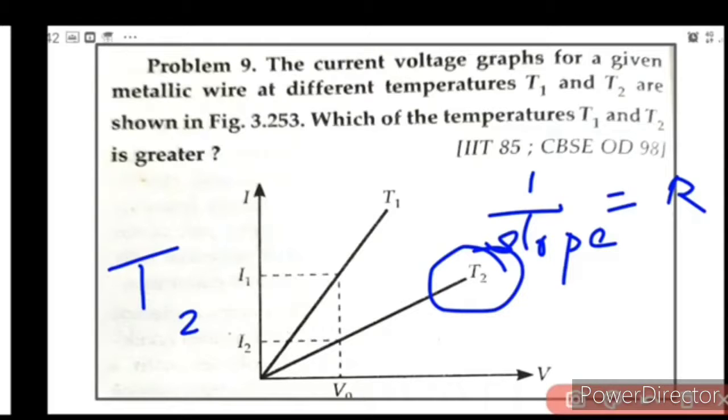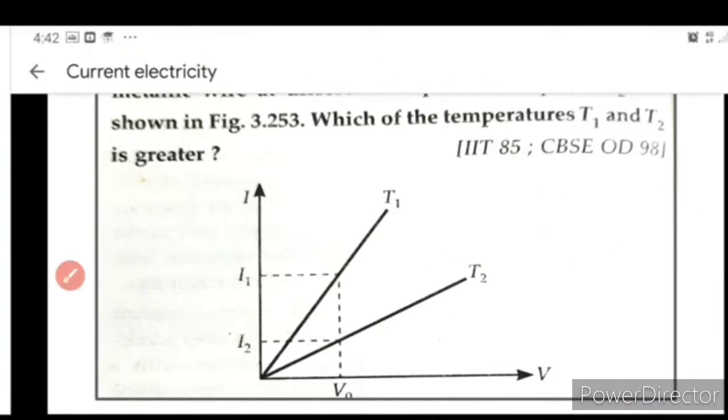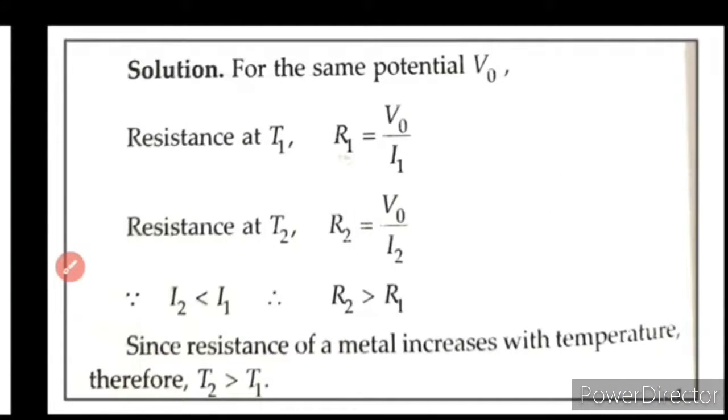When you take one particular point V0 and look at the current, the lowest current is for which temperature? T2. Lowest current means higher resistance, and higher resistance means the temperature is also higher. That way also you can find the answer. The answer is T2 is the highest temperature.